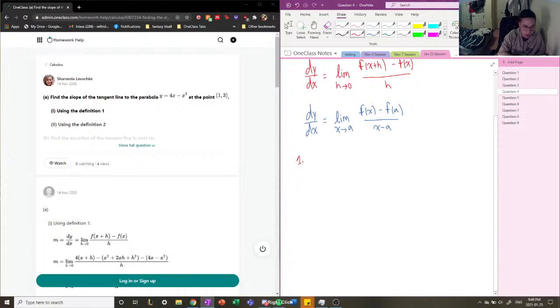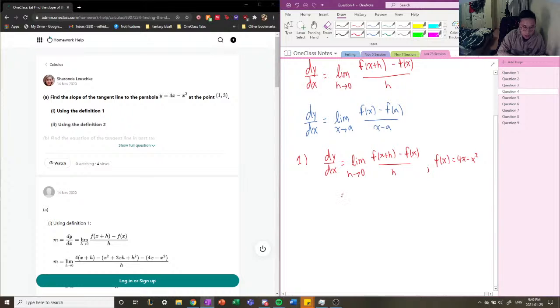So the first definition asks us to calculate the derivative using this definition, where f of x is equal to 4x minus x squared.